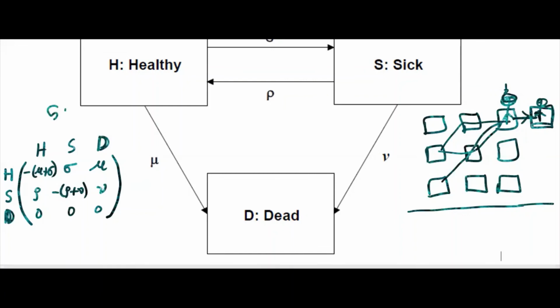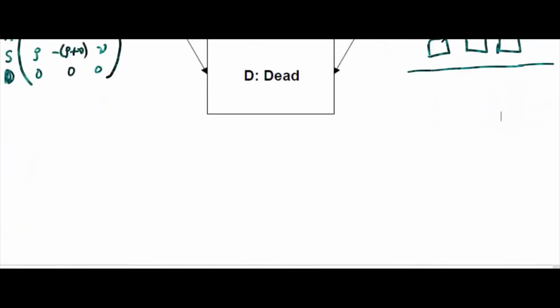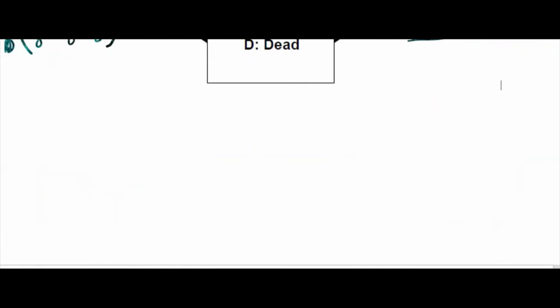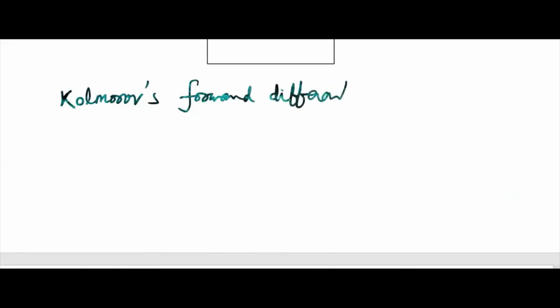So the generator matrix will be important when you form equations here, and using the generator matrix, we'll form equations. Tomorrow we'll start with Kolmogorov's forward differential equation. We'll do some problems. There are 4 equations we need to study.